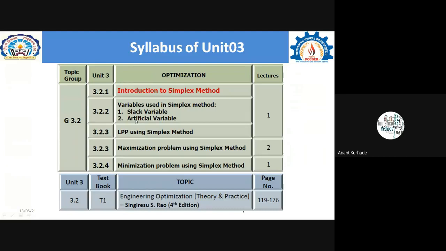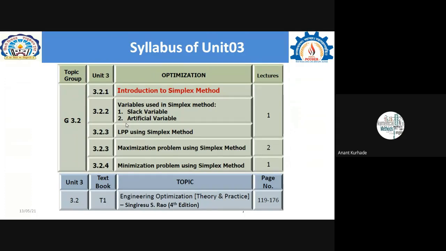That means for the minimization problem, for each and every constraint with greater than or equal to, we have to think about both slack variables and artificial variables. And when the constraints have less than or equal to inequality, you have to think about only slack variables.